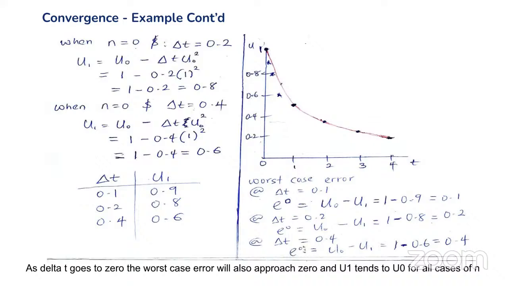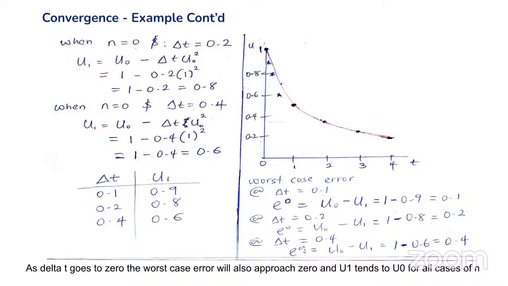Okay, so we have that u naught, which is the numerical method that we are using, minus the exact true value, the solution, which is u1. Okay, so we have 1 minus 0.9, and we have 0.1. So we'll do that for the other values, and we get 0.1, 0.2, and 0.4.